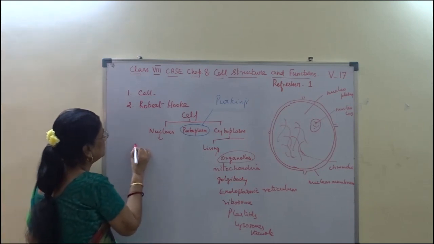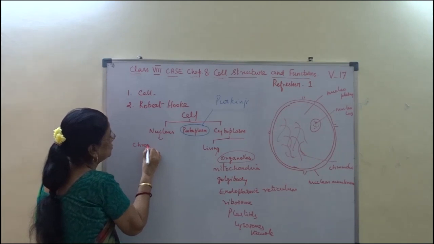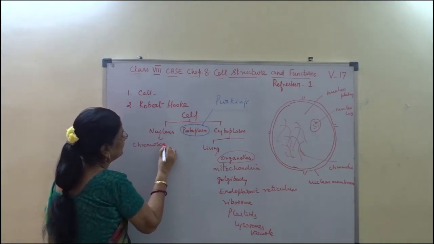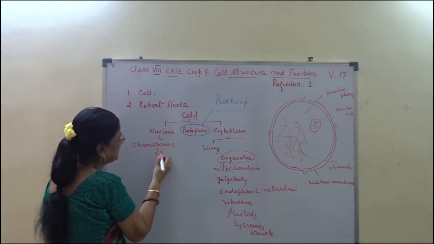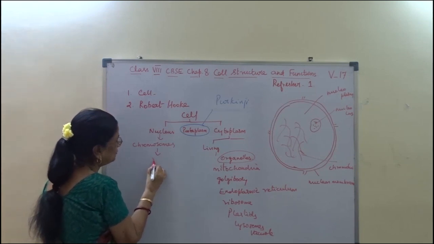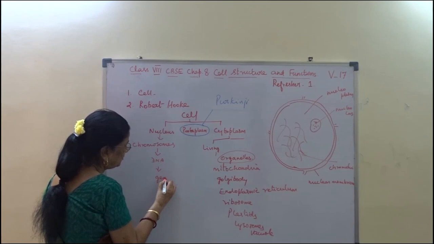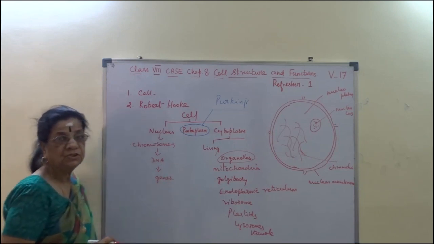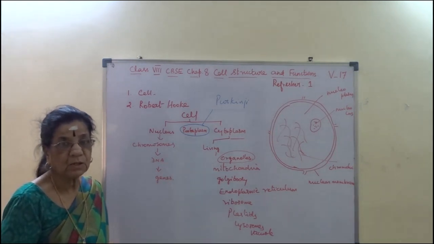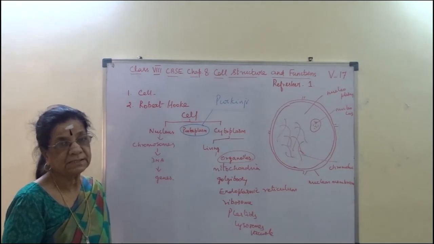The nucleus has chromosomes, which in turn are formed of DNA, which in turn are formed of genes. Now genes are the carriers of hereditary characters.